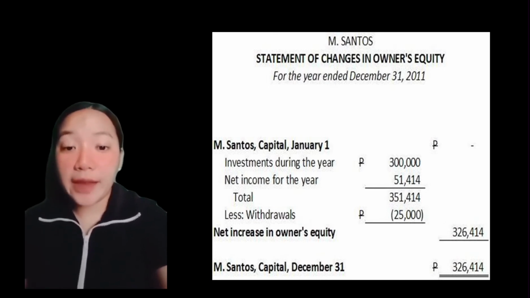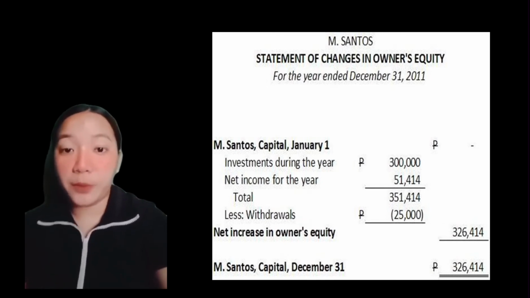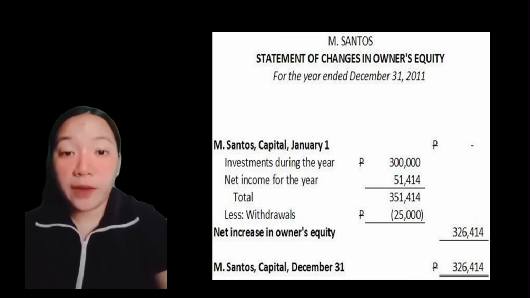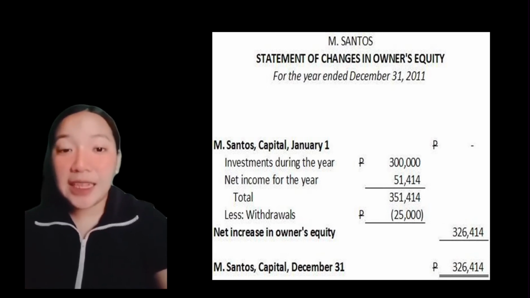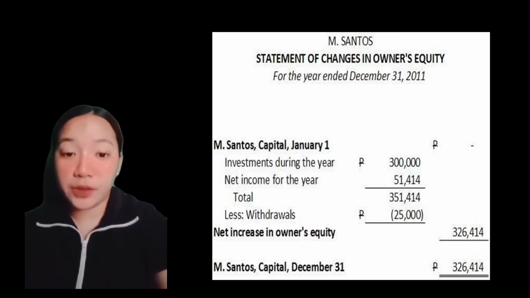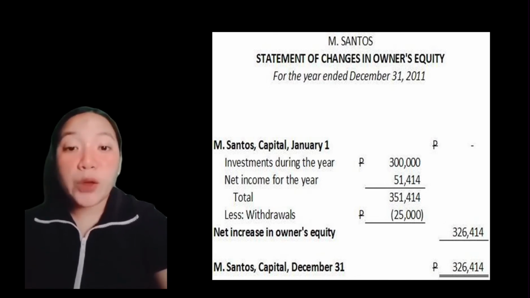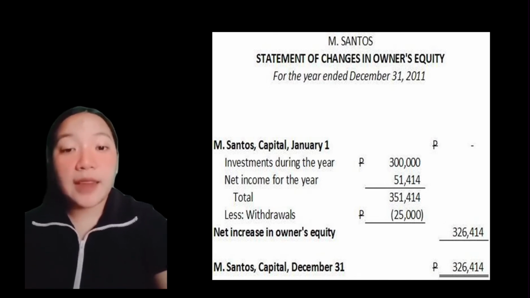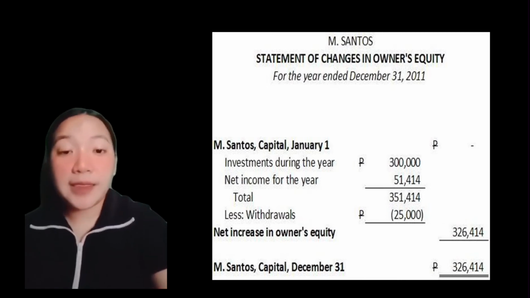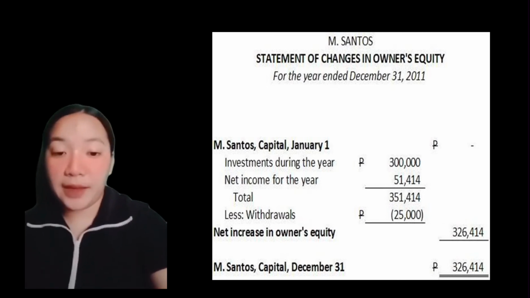Total of 351,414. Less natin yung withdrawal, which is 25,000. The net increase in owner's equity and the capital of Santos at the end of the year is 326,414. So, kung yung total asset at total ng liabilities plus equity ay parehas, ibig sabihin yung statement ay tama.